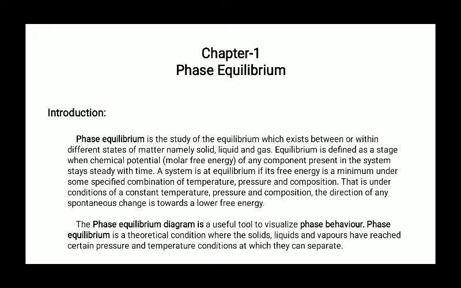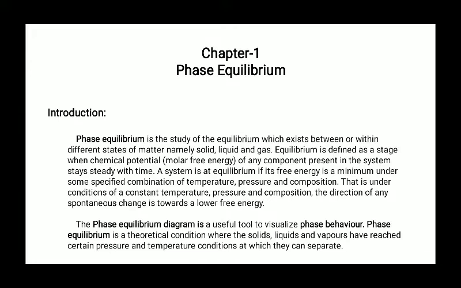A system is at equilibrium if its free energy is minimum under some specified combination of temperature, pressure and composition, that is, under conditions of constant temperature, pressure and composition. The direction of any spontaneous change is towards a lower free energy.